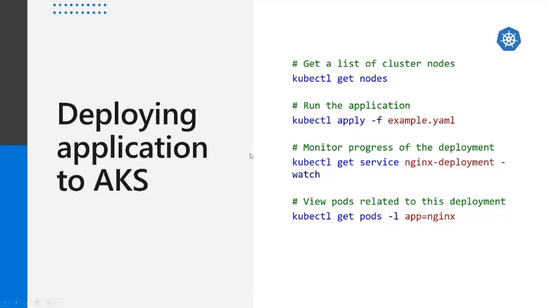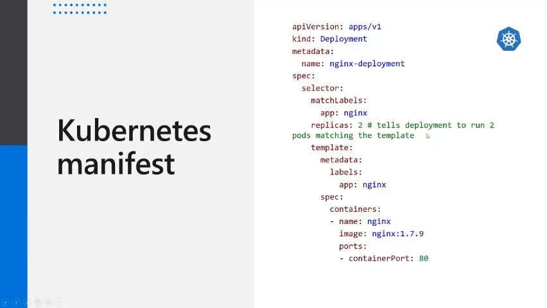Then you run kubectl get service with the noun service to monitor the progress of the deployment, which we called nginx deployment in our YAML file.